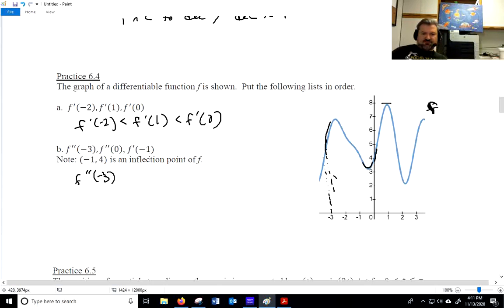So that means f double prime of -1 is either undefined or 0. But in this case, it's going to be 0. So f double prime of -3 must be less than f double prime of -1, which is less than f double prime of 0.